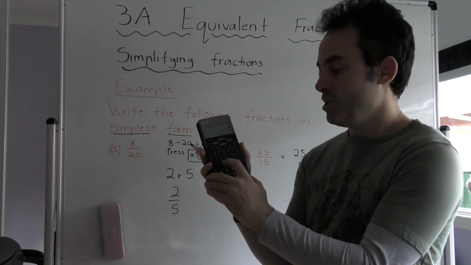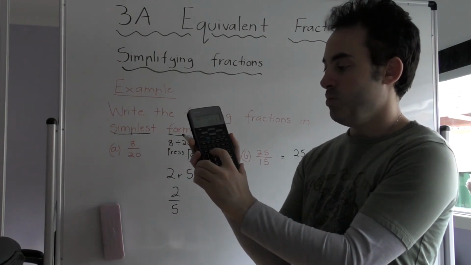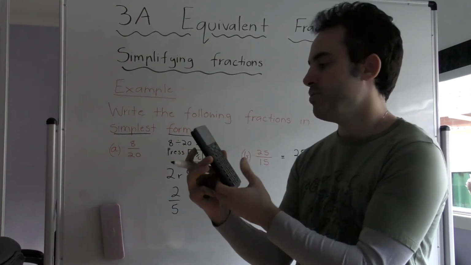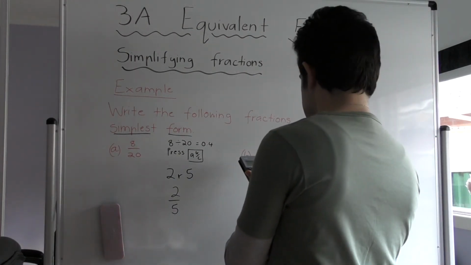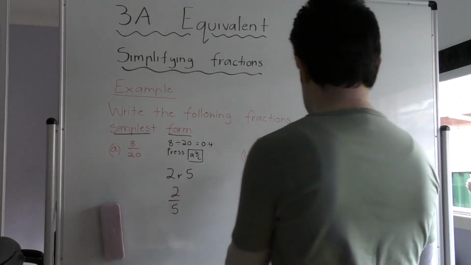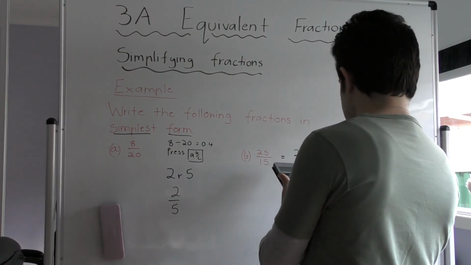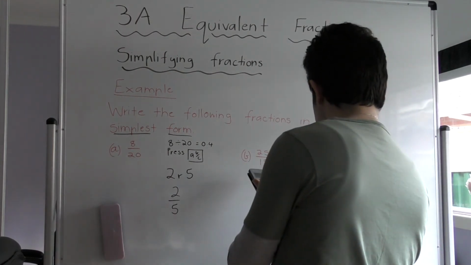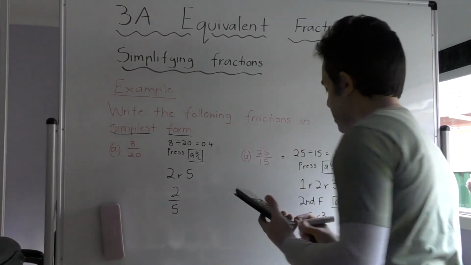To get to the orange section, you press your second function button, and then press the ABC button again, and it will convert it to an improper fraction for you. Then I will get 5 over 3, which is what I want. So 5 over 3 is my answer.